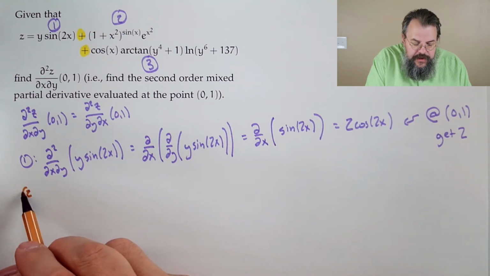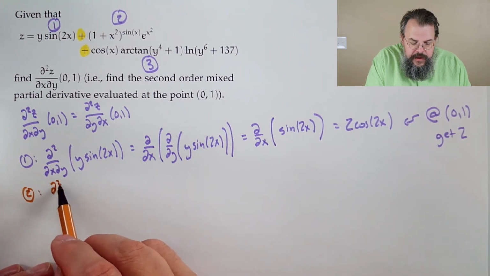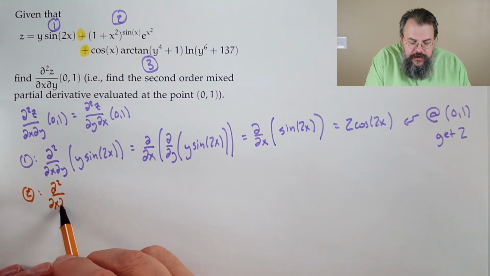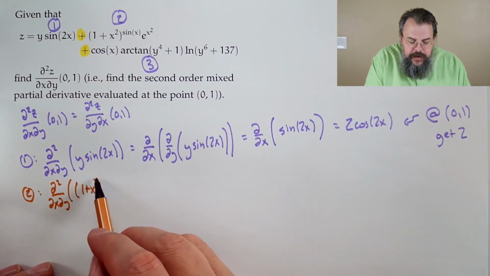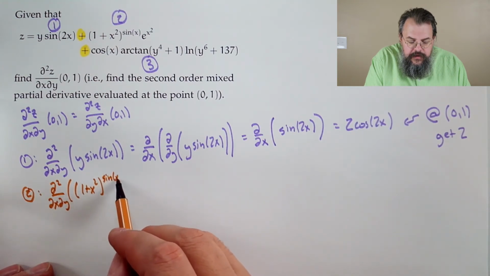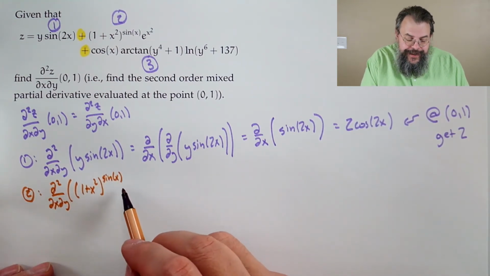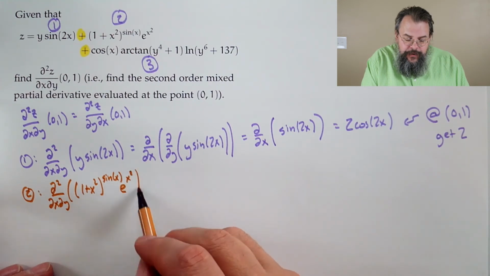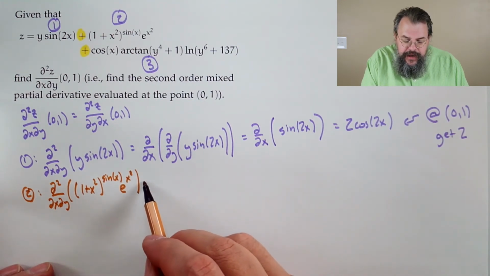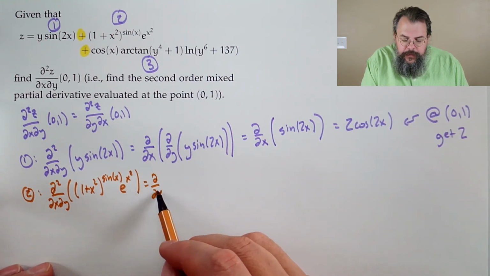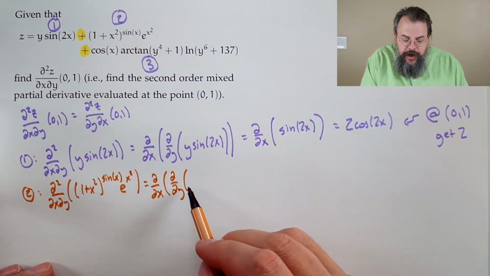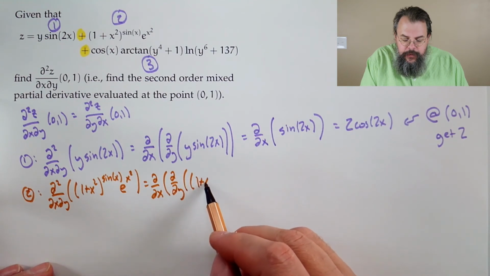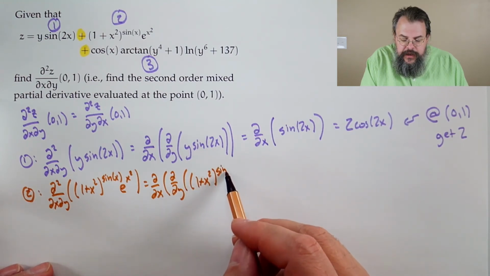So what do we see in part 2? If we do this expression here, we'll notice something very quick. What do you see is not there? While it looks complicated with respect to x, notice that first you should be taking the derivative with respect to y. And there is no y.